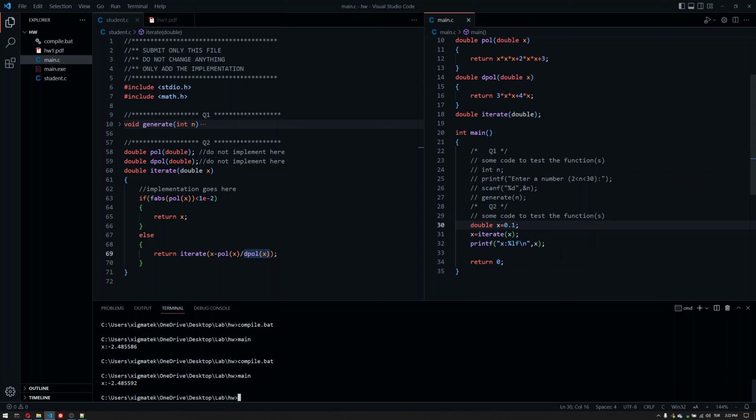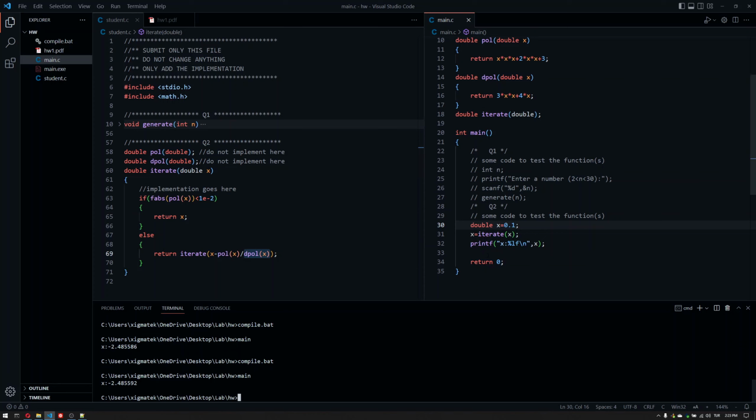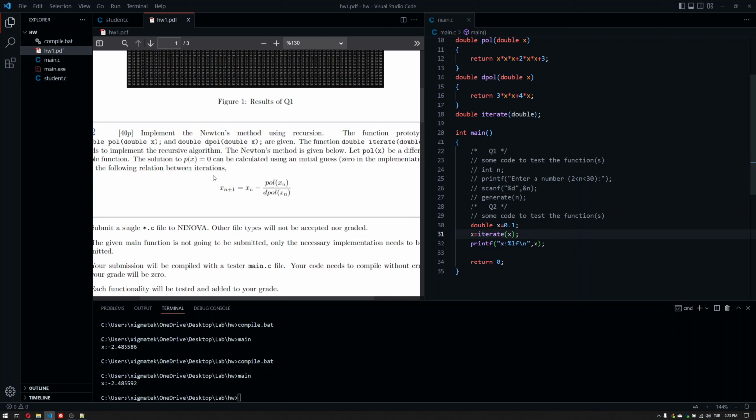And we can see that the solution around 0 or around 1 is basically 2.485592. So we can go ahead and check if it's correct, but the only thing that is important at this point is that we have implemented this here.